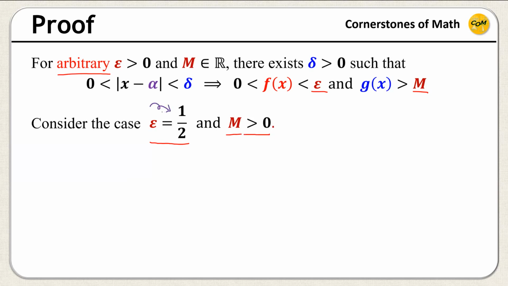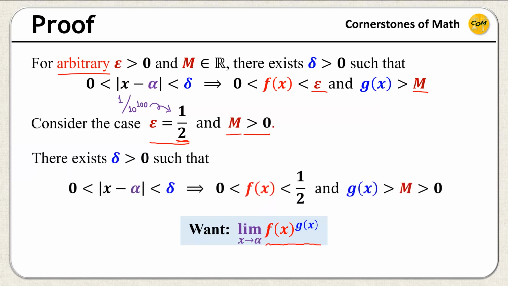Some of you might not get satisfied by setting epsilon to such large value, considering that epsilon can be whatever small value that you want, but in this proof, the main goal is to deal with the limit of f(x) to the power of g(x), and in dealing with this expression, epsilon being 1/2 is small enough and it actually makes the math easier.